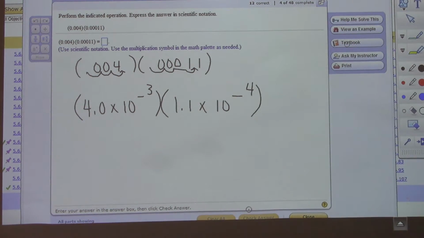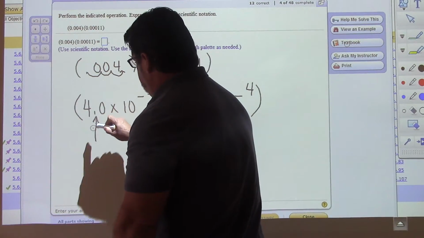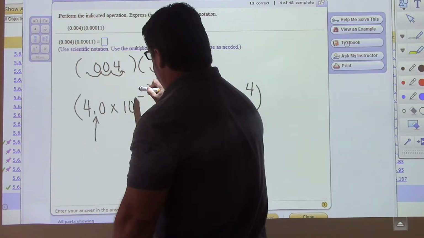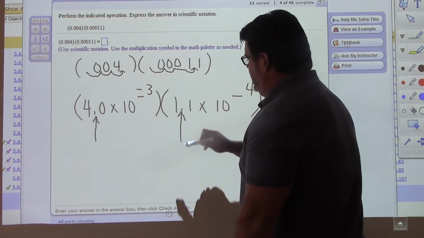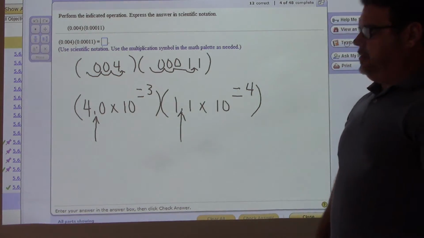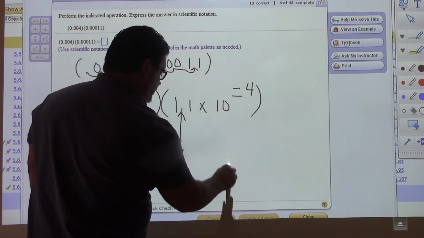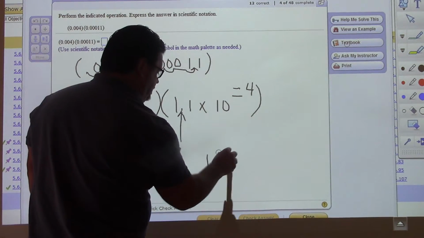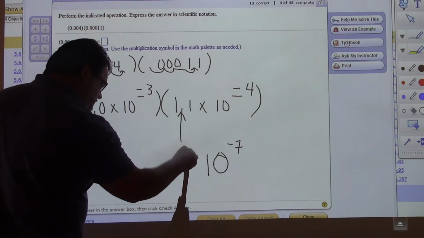All right. Which way do I move this decimal in my head to get it back the way it was? And which way do I move this decimal in my head to get it back the way it was? And what is owing $3 and owing $4? You owe $7. I think I got it.